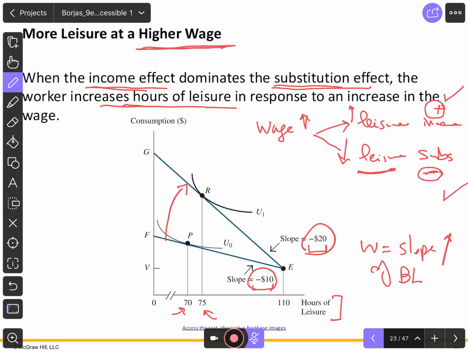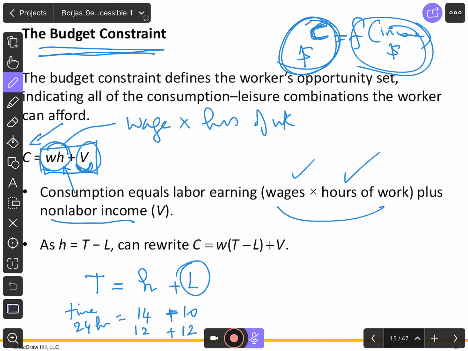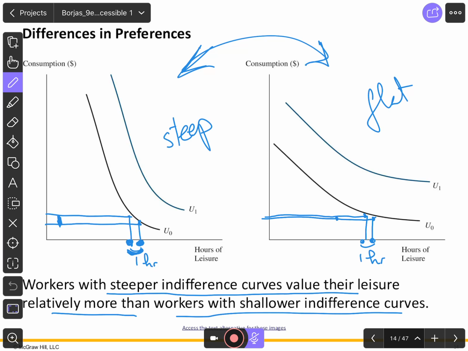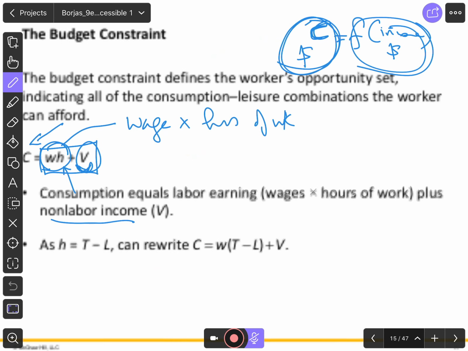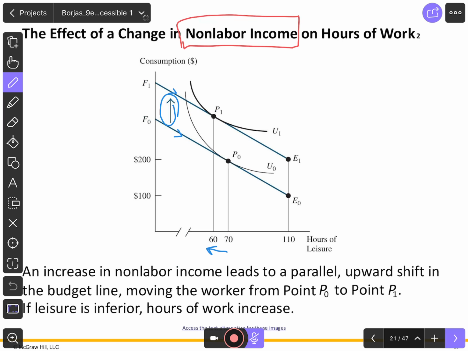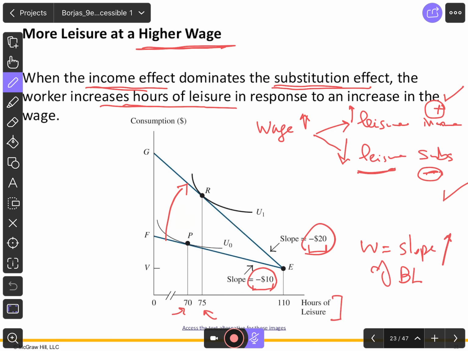And when it becomes steeper, you start to value your leisure time more. If you remember when we were comparing two people, workers with a steeper indifference curve value their leisure relatively more than workers with a shallow indifference curve. So the steeper the indifference curve, the more the worker values leisure time.